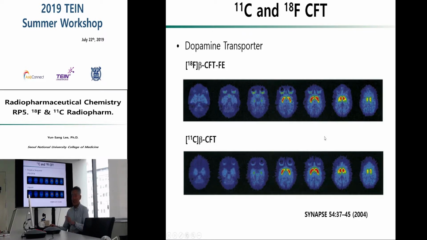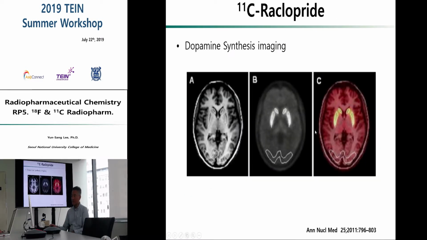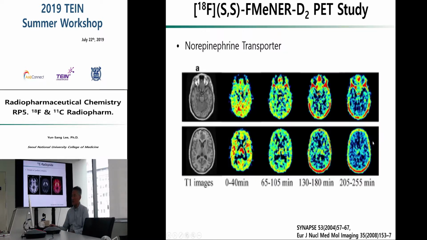Somewhat different, but I think almost the same. And here you can see the raclopride, same image. And these are norepinephrine transporter imaging agents, I think maybe this is BBB bone. I don't know exactly, but I think we can see that.